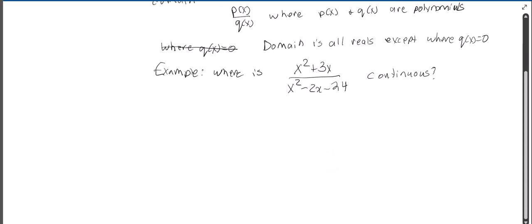So let's find out what is not in its domain. So x squared minus 2x minus 24 equals 0. So we need to factor that.